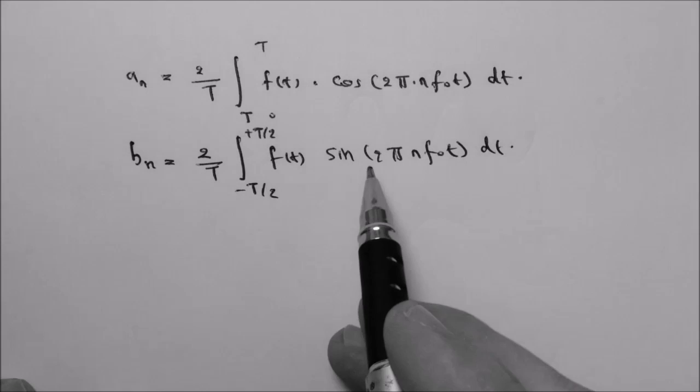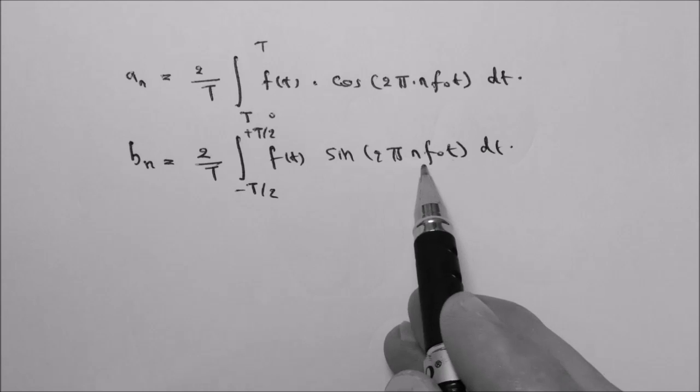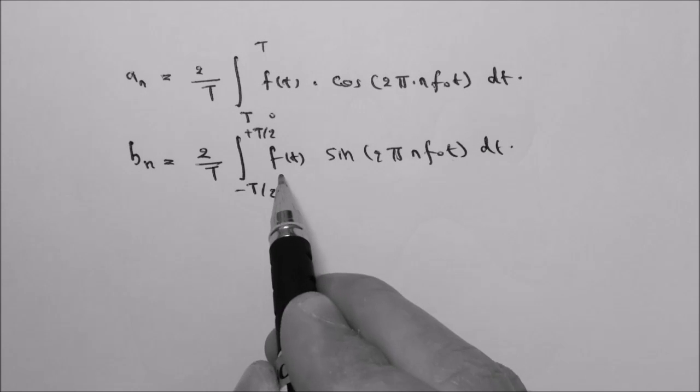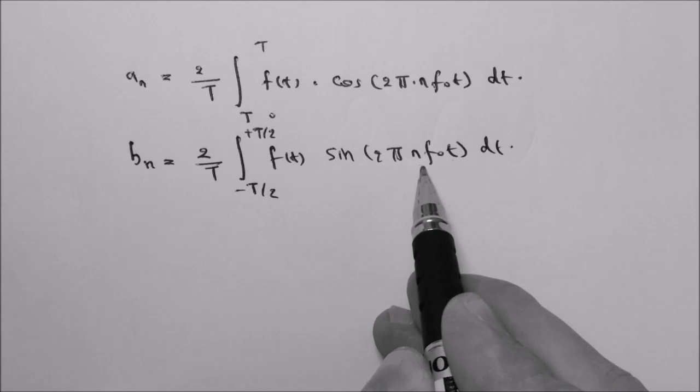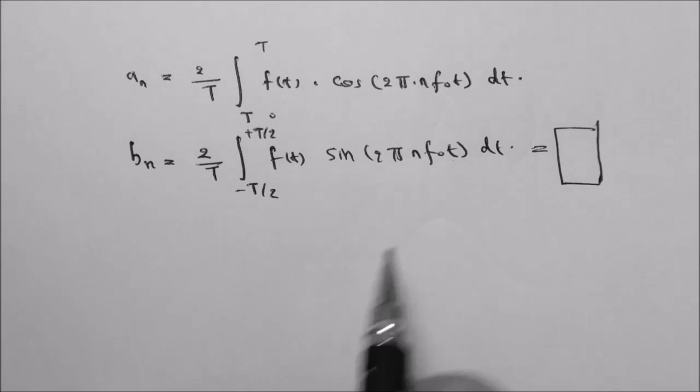Now, similarly, when you multiply this function by an n f naught sinusoidal, it will be orthogonal to all other components inside f of t, except the component that contains the same frequency. And the result of integration will be due to this effect.